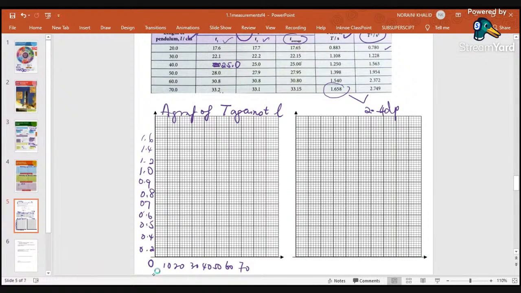For this axis you need to label: this is T, unit second. This is L, unit meter, the length of the pendulum. Label with unit, and the scale must be even and uniform, no odd scale. Now you can transfer the points.